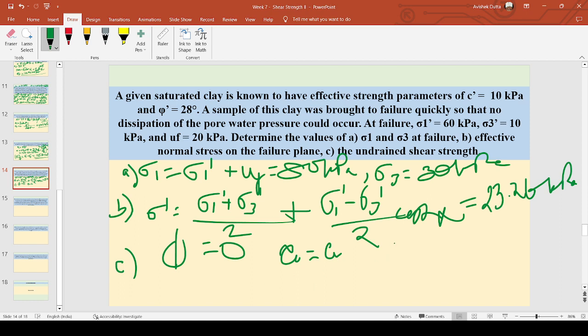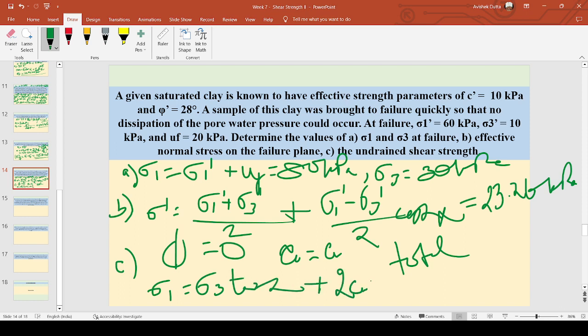In this case we use the total stress parameter, so the equation becomes sigma 1, and not sigma 1 dash, equals sigma 3 tan square alpha plus 2cu tan alpha, from which we get the value of cu, the undrained cohesion. Here sigma 1 is 80, sigma 3 is 30.